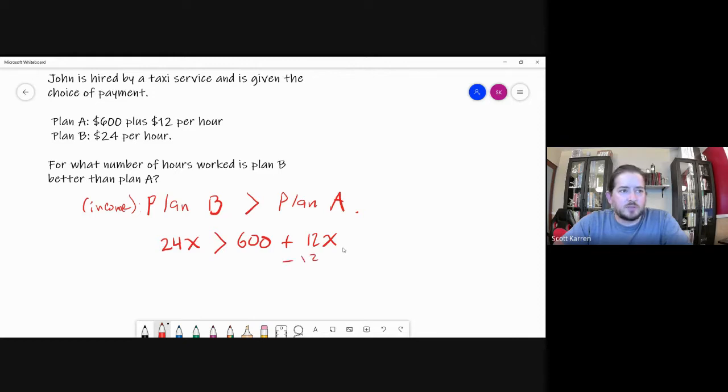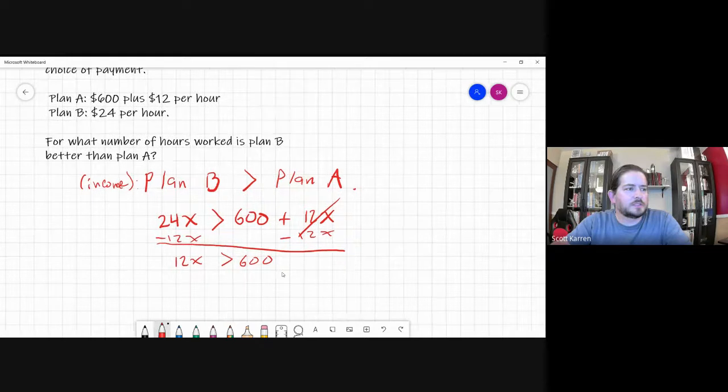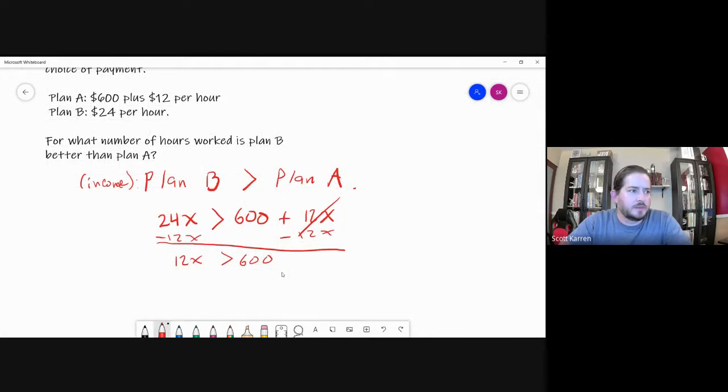I'm just going to subtract 12x from both sides. And 24 minus 12 is 12 again. Divide each side by 12.